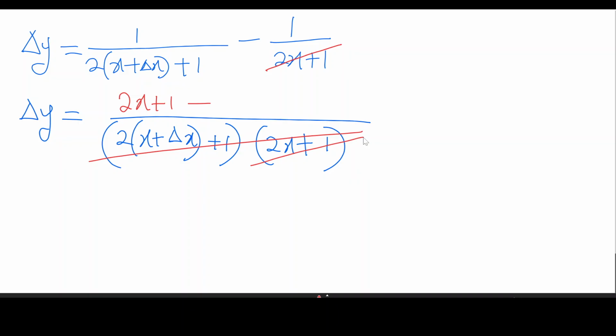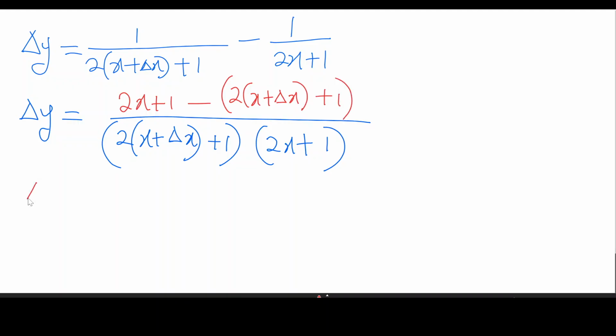Then we are going to be having this. So let's quickly do that. We have 2x plus 1 in the LCM. So we are left with 2 in brackets x plus delta x, then plus 1, like this. So which is going to be delta y equals, so we have 2x plus 1.